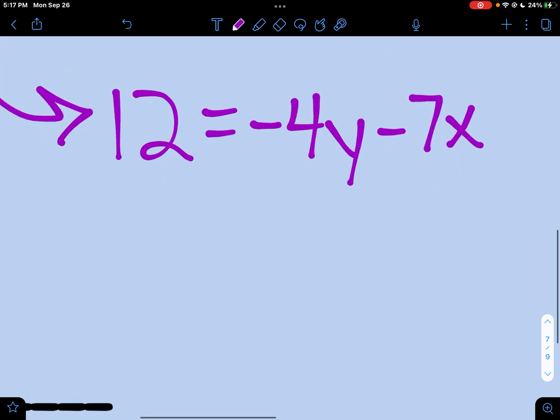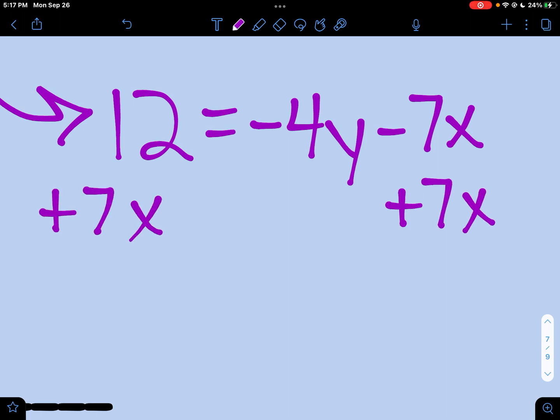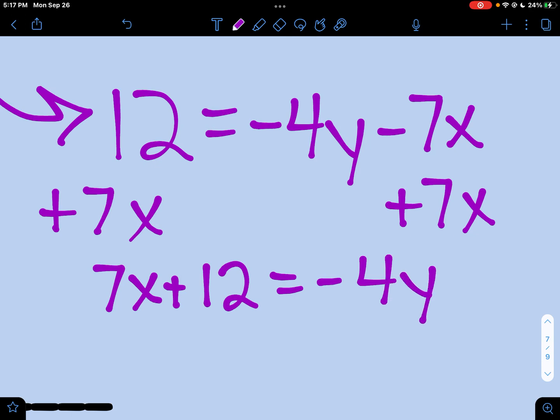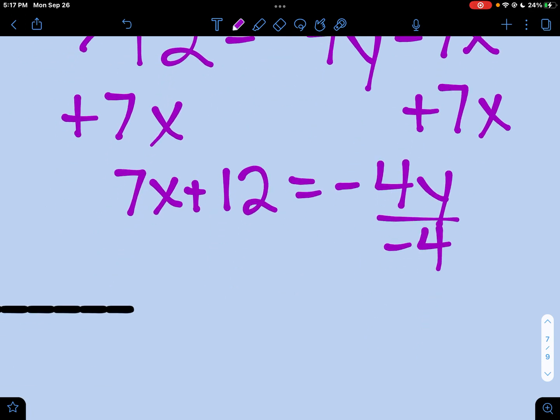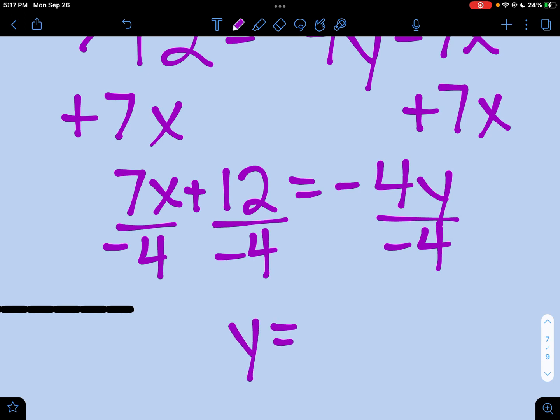Let's see, I think I'm going to move that x over here and do 7x plus 12 equals -4y. Divide everything by -4, and I get y equals -7/4x minus 3.